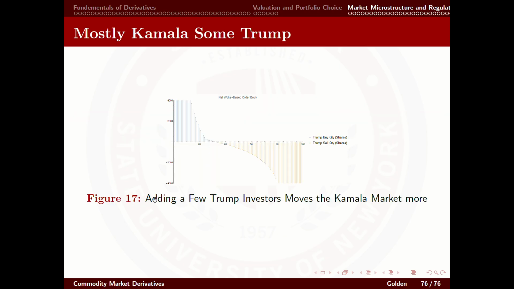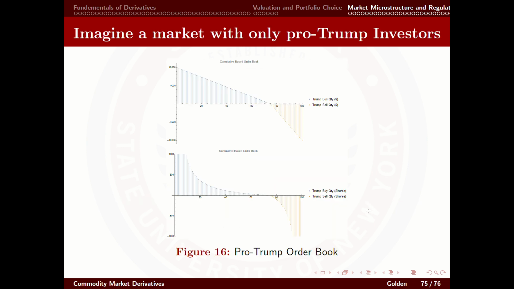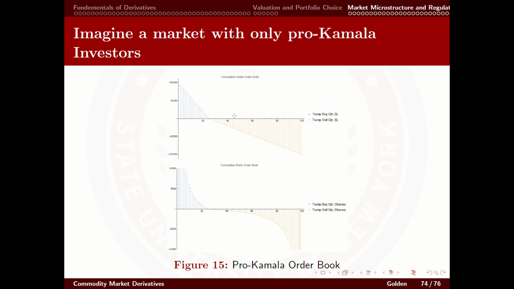So the problem here is that because of the way the order book settles, adding a few Trump investors moves the Kamala market more, because there are fewer of them. If there are more Kamala investors, that means the price is somewhere around here. The equivalent price if only Kamala investors, somewhere around here.